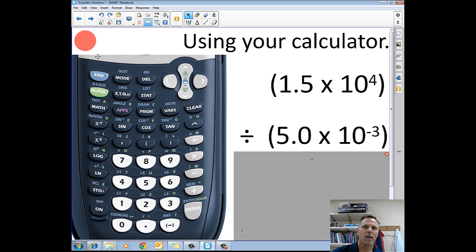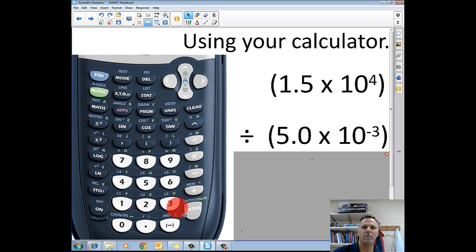Here's one more. Using your calculator again, when you come down here, press the 1, 0.5 times 10 to the, so I'm going to go second function, EE, and then 4. That means times 10 to the 4th, divided by 5.0 times 10 to the, again that's second function, EE, and then negative 3.